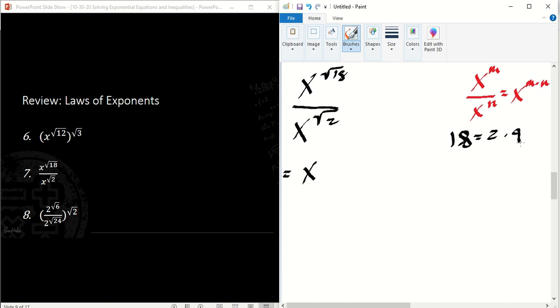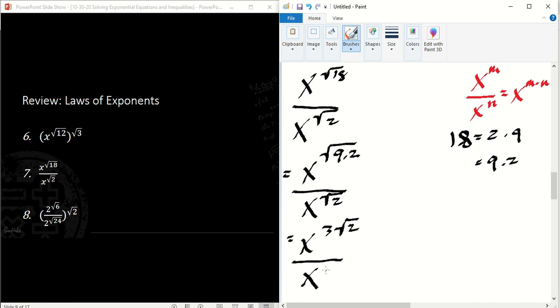Kasi yung 9 merong square root. Balik natin, gawin 9 and 2. 9 times 2. Okay? So, that will be x to the square root of 9 times 2 over x to the square root of 2. Simplify. Yung 9 merong square root yun. So, perfect square yun. That is 3. 3 square root of 2 over x to the square root of 2.